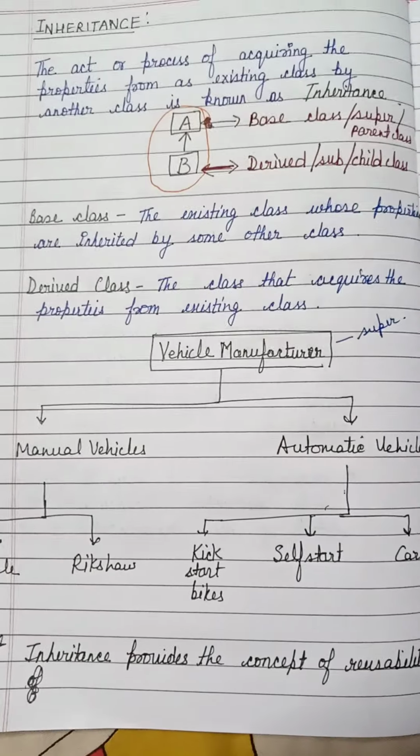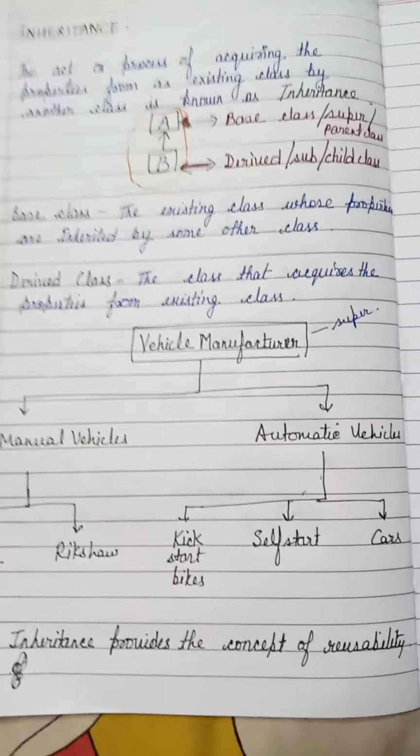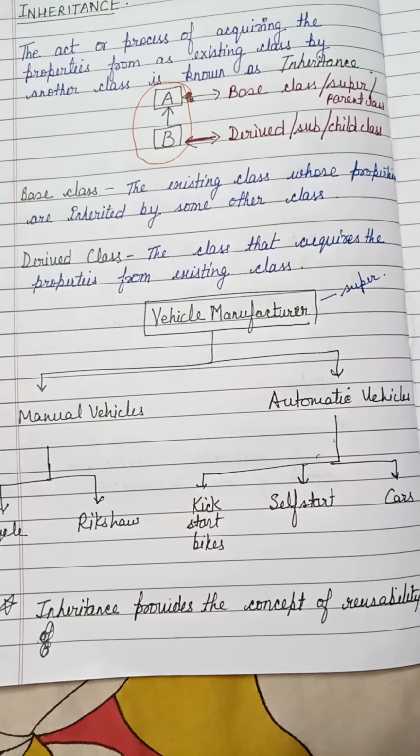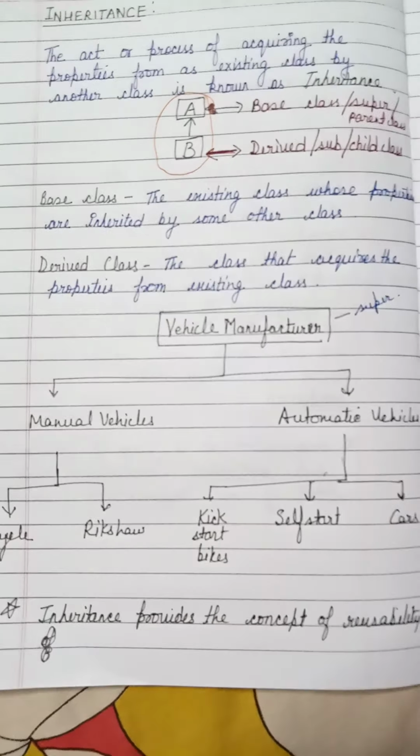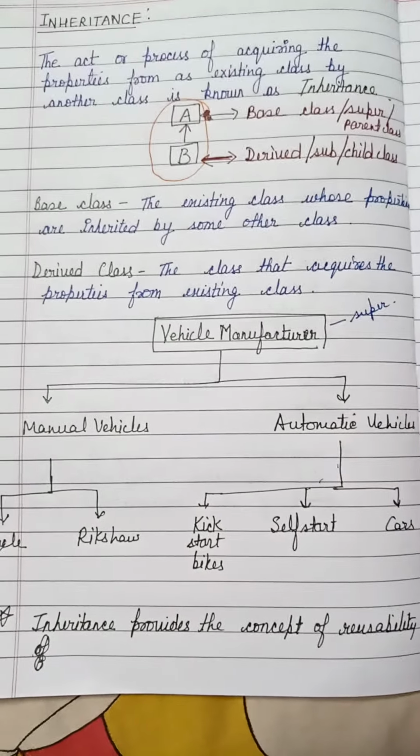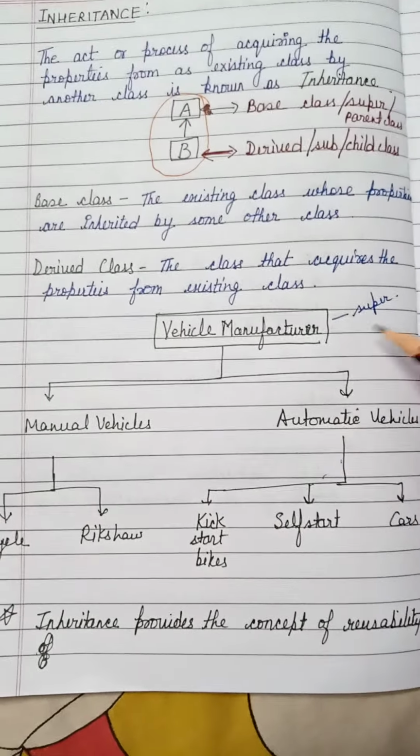Now an example of inheritance. Suppose there is a vehicle manufacturer which manufactures two types of vehicles, manual vehicles and automatic vehicles.